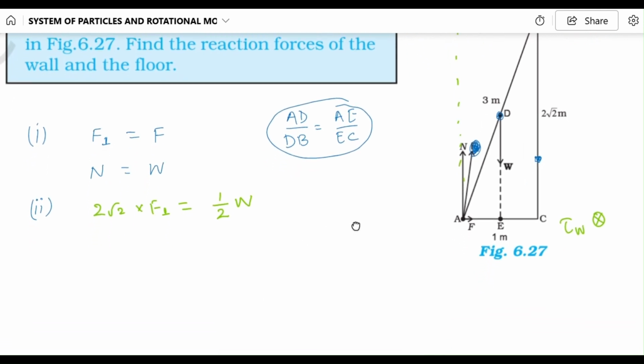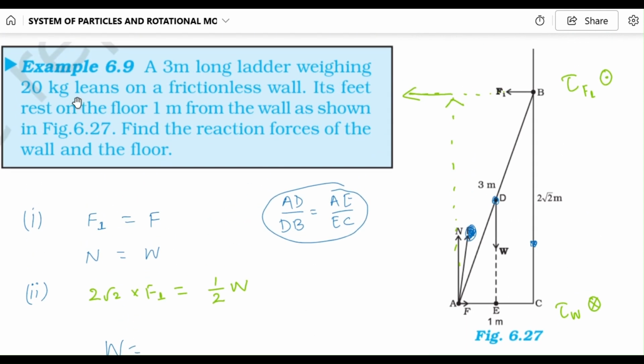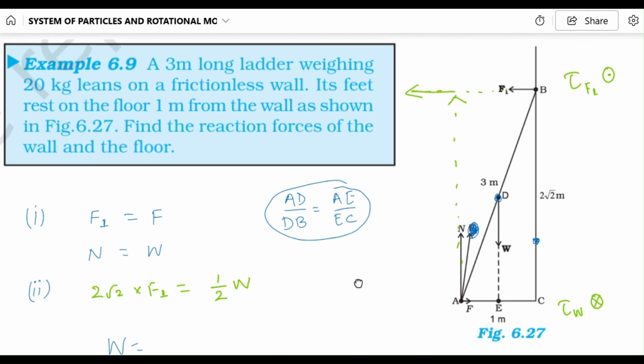Now we can go further and obtain the values for all these things. So N equals W. So we can write W equals N here. This is the normal force, and we have W here. What is W? W is nothing but the weight of this ladder. If this ladder has a mass of 20 kg, the weight of this ladder will be 20 times the acceleration due to gravity.